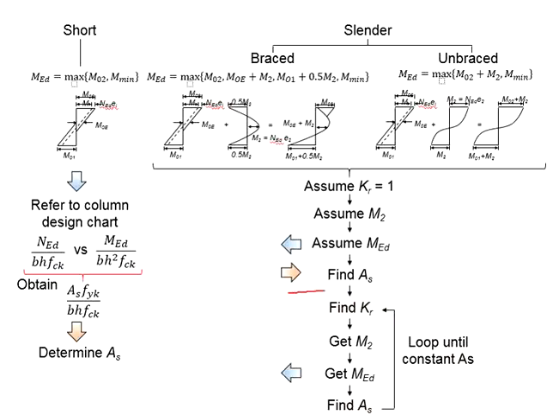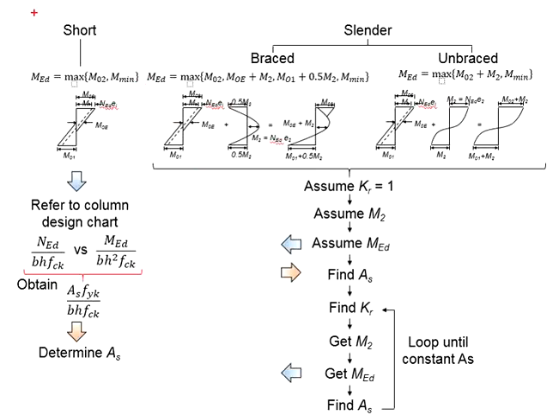So it is okay if you just stop here without looping. The design will be relatively conservative. If you choose to loop the process, you will see the M2 reduce gradually until you reach a more or less constant MED. Then the amount of reinforcement bar provided shall be confirmed.